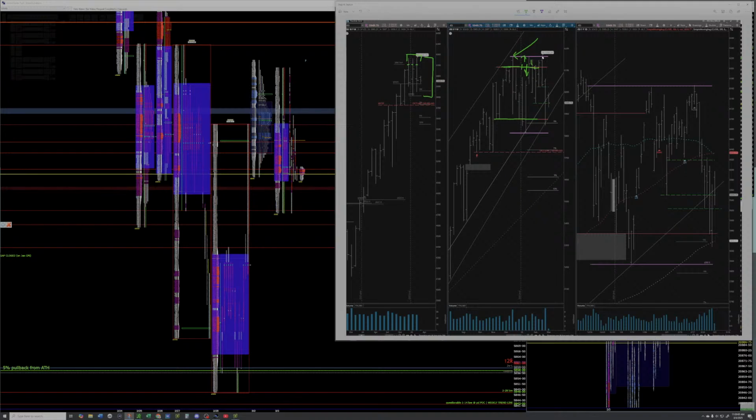And once it takes this one, the rejection is very obvious here, right? This wick opens up here and closes way down here, right? And once you have a rejection penetration of this range, then the potential destination of that movement is the opposite side of the range.